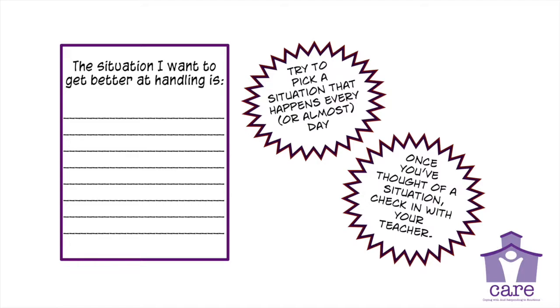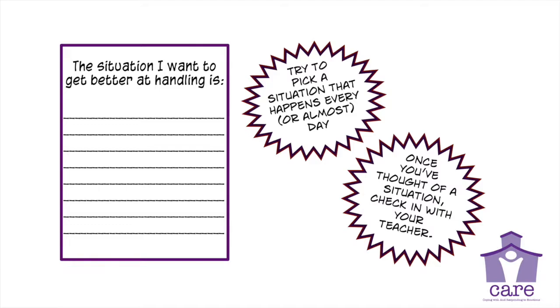And that is a good situation to focus on, but unless that student is taking a test every single day, maybe pick a situation that really happens more on a daily basis. So maybe it's completing an assignment for a certain class, or an activity that happens in a certain class might be a better choice if that's applicable to that student.